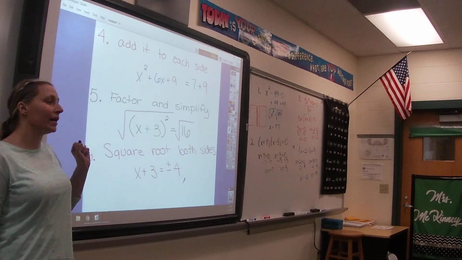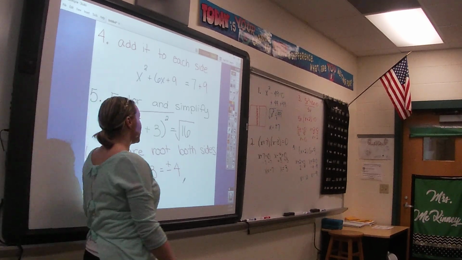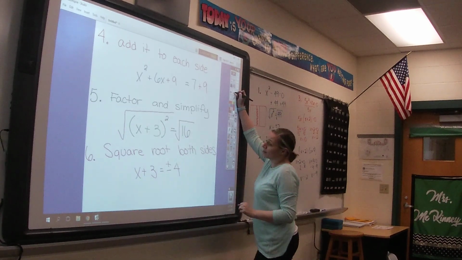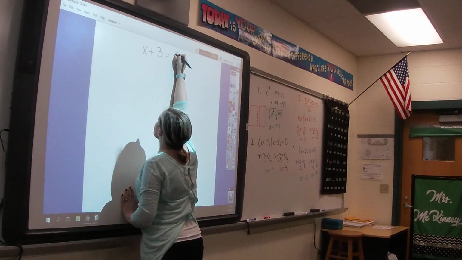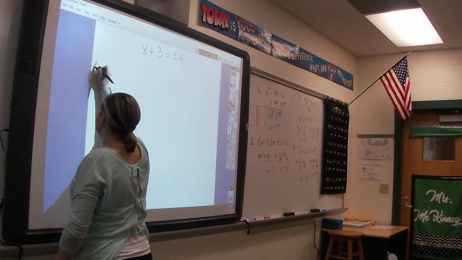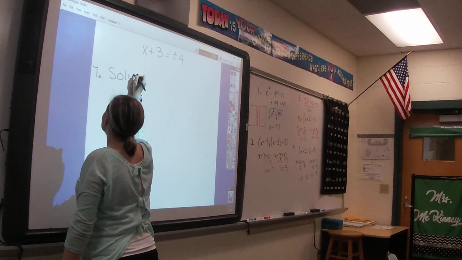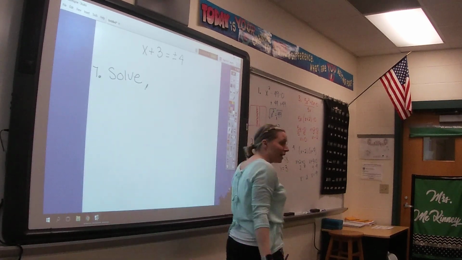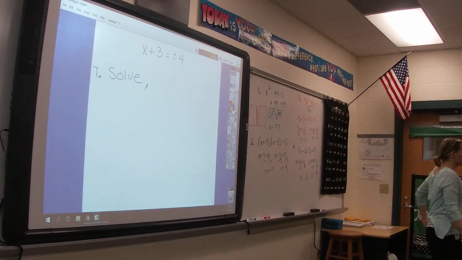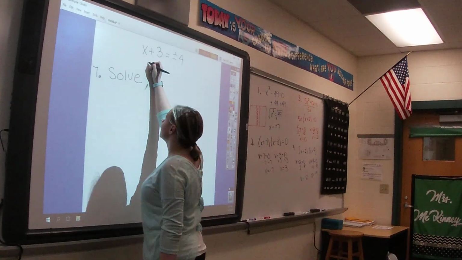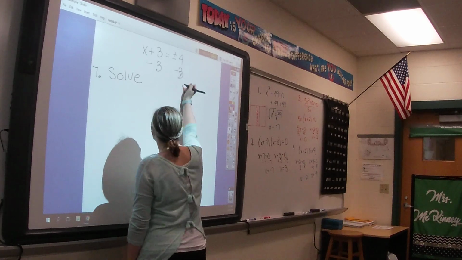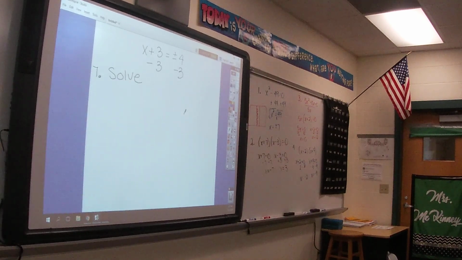How do we undo adding 3? We subtract 3, so I have to rewrite because I'm going to flip the page. Okay, so I'm going to solve this. I undo adding 3 by subtracting 3. How many numbers is plus or minus 4? 2.